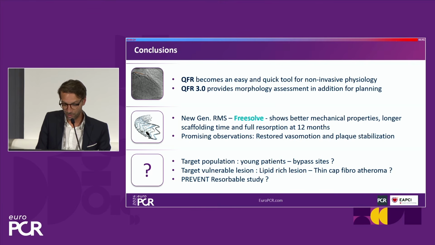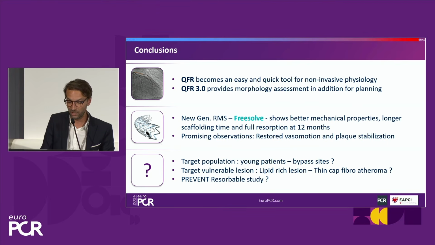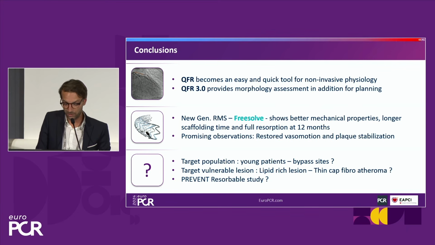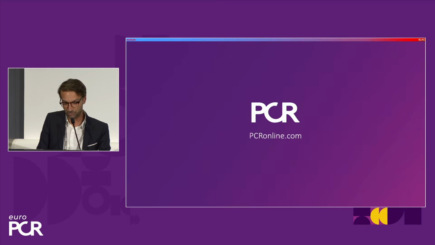This is a promising observation that vasomotion is restored, and it may have a role in stabilizing the plaque. And thus, we have to know who would benefit the most from this technology, targeting young population or bypass sites, or targeting vulnerable lesions like lipid-rich thin cap fibroatheroma. Maybe we can think about the PREVENT resorbable study. Thank you for your attention.